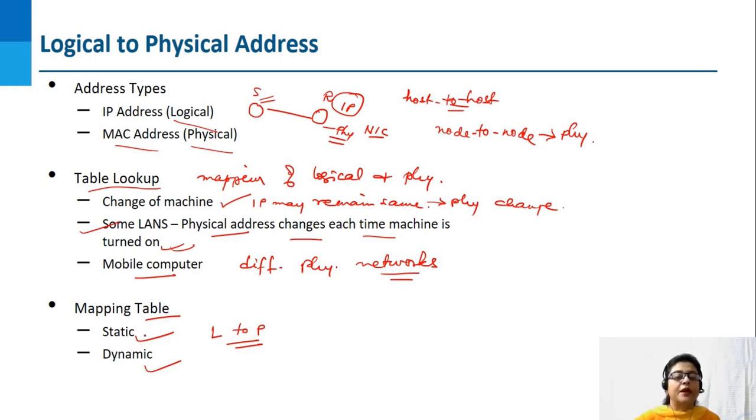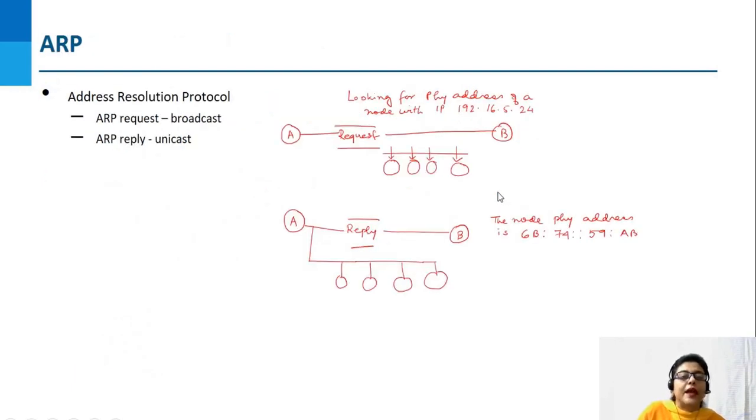This is a drawback of the static mapping table. Whereas in the dynamic mapping table, the mapping from logical to physical addresses changes dynamically, on an on-demand basis.